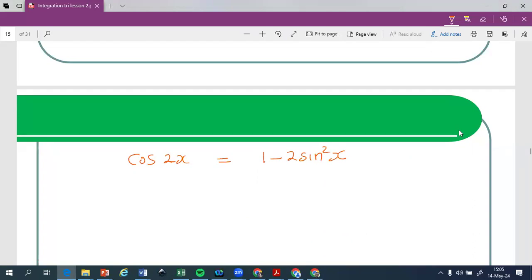We increase the angle by 2 in order to get cos 4x. Now cos 4x is the same as 1 minus 2 sine squared 2x. Then make sine squared 2x the subject, apart from going that far. Oh, okay. Yes, that is very true.